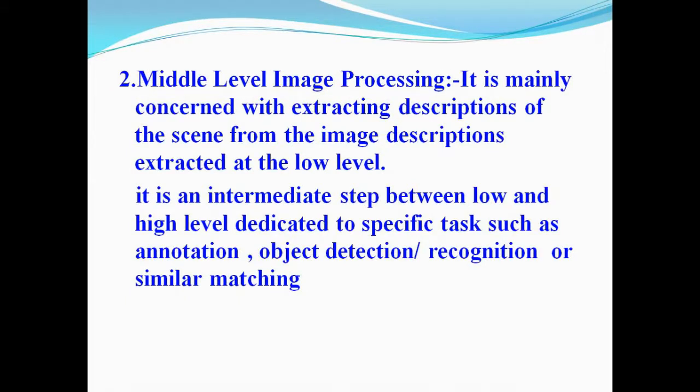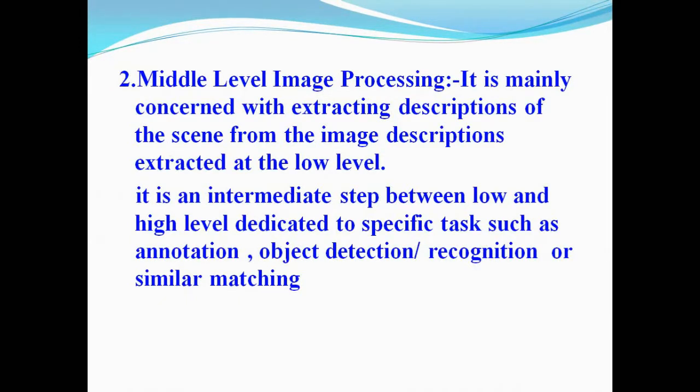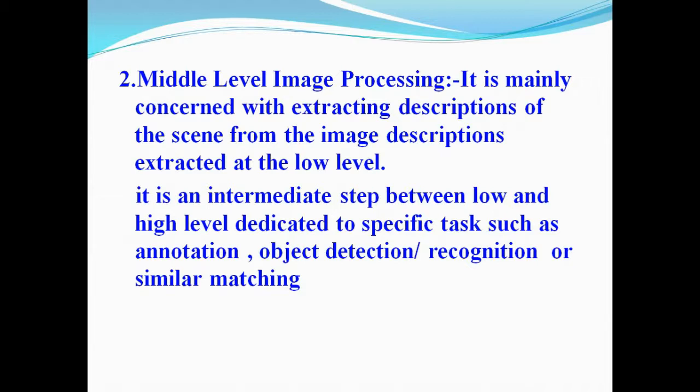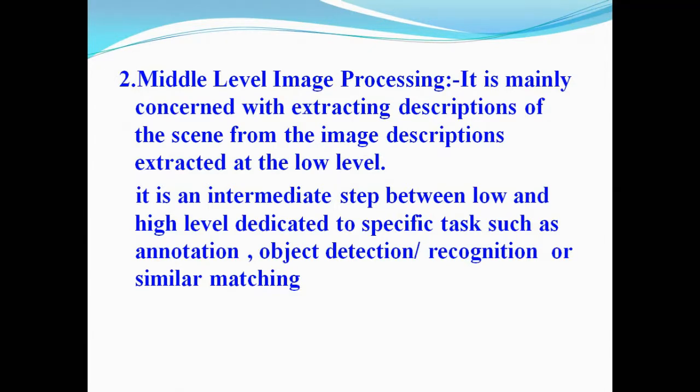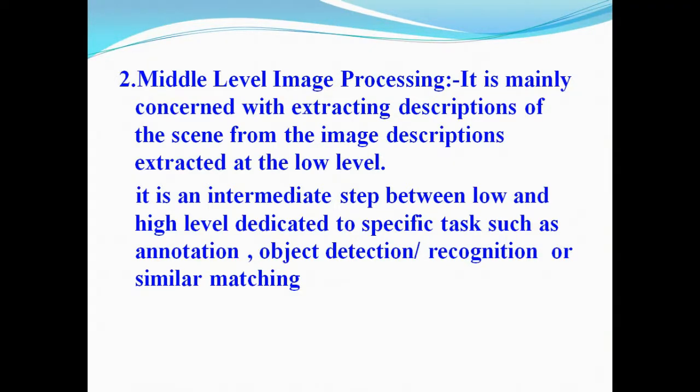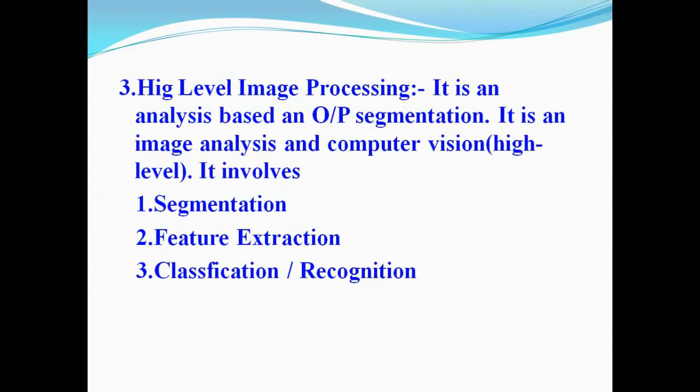Whatever happened in low level image processing, such as noise removal, those results are used to extract descriptions in middle level processing. It is an intermediate step between low and high level dedicated to specific tasks such as annotation, object detection, object recognition, or matching similar images or similar objects. This happens in middle level image processing.